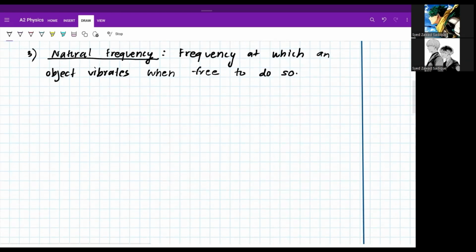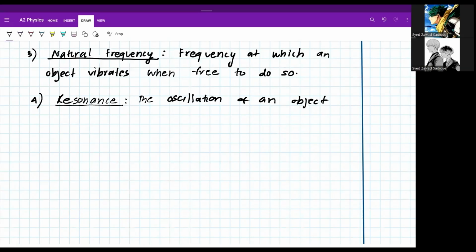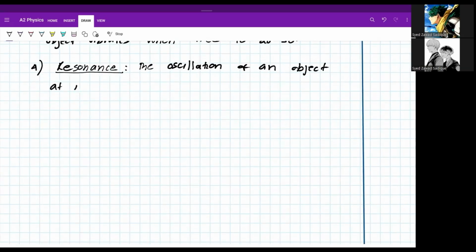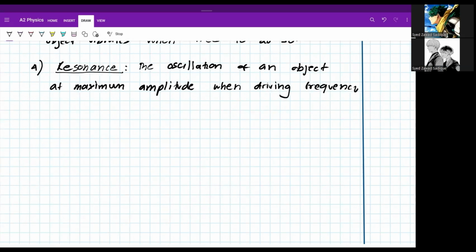Number four is resonance. It is the oscillation of an object at maximum amplitude when driving frequency is equal to natural frequency of the system.